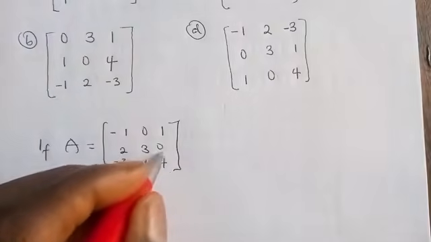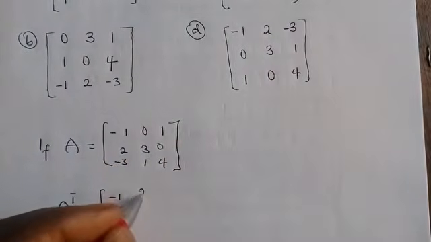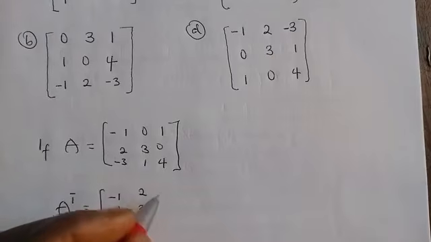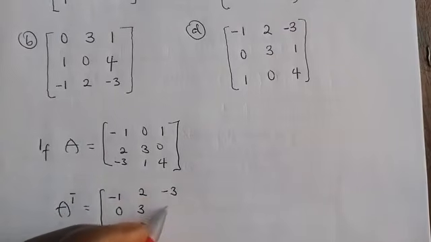Row 2 here will become column 2, so we have 2, 3, 0. While row 3 will become column 3, and that is minus 3, 1, and 4.